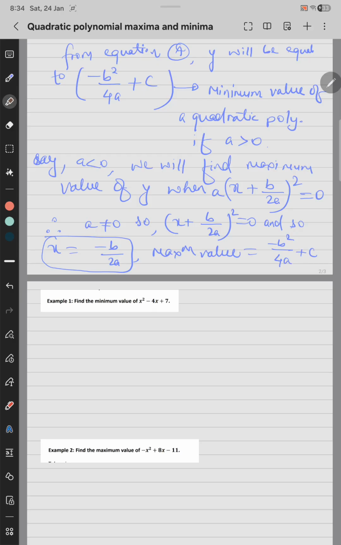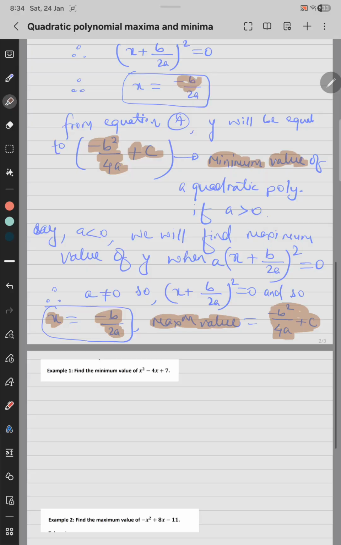So we can say that minus b square by 4a plus c is the maximum value at x is equal to minus b by 2a. Here minus b square by 4a plus c is the minimum value, and this also occurs at x is equal to minus b by 2a. But these are two different cases.